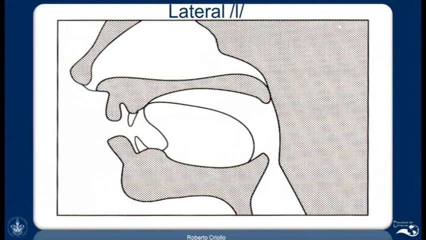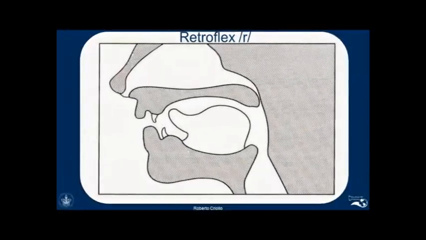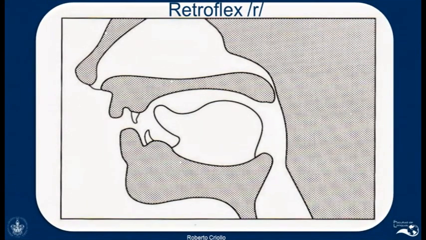We're going to see here with this diagram the production of the lateral. We can see the tip of the tongue is touching the alveolar ridge, and the air goes through both sides of the tongue. That's why it's called lateral. This diagram, in contrast, shows the production of the retroflex.